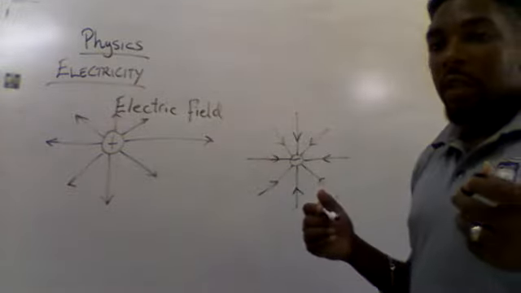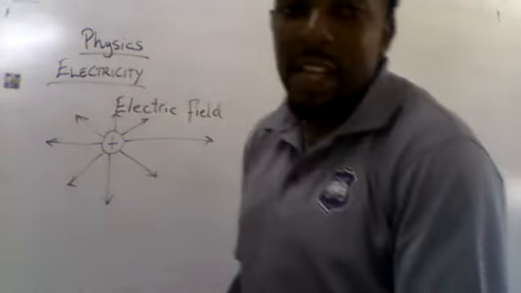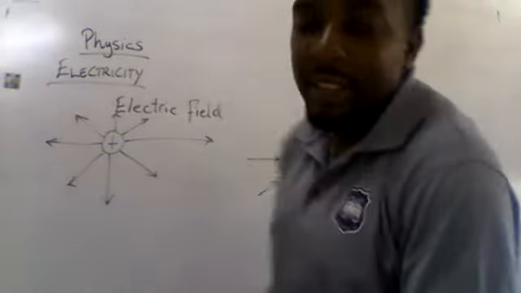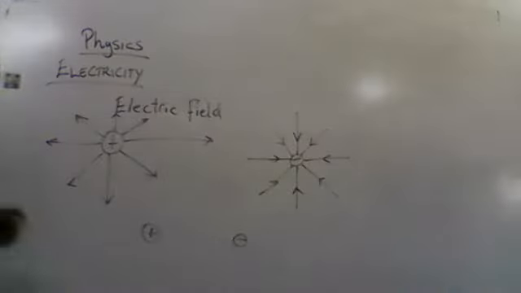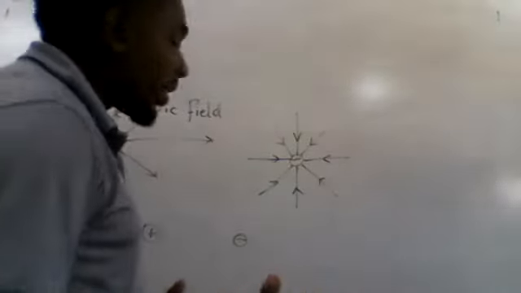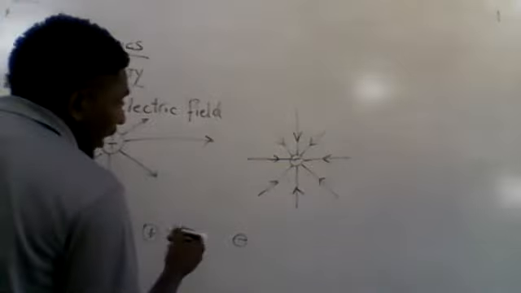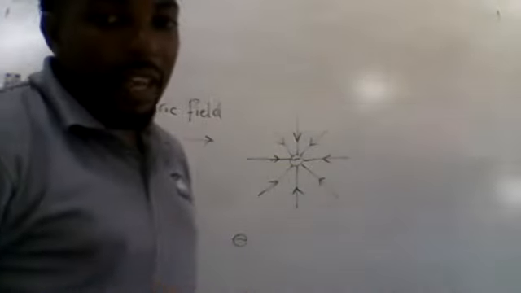Now, what we learned earlier is that unlike charges are going to be attracted to each other. So a positive charge is going to be attracted to a negative charge, and they pull each other in. How does that look when you want to draw their field lines?